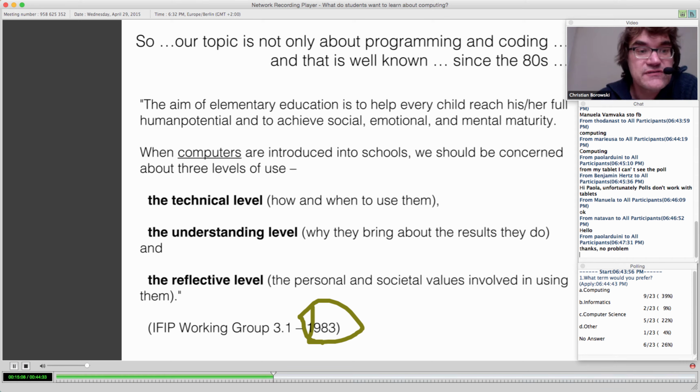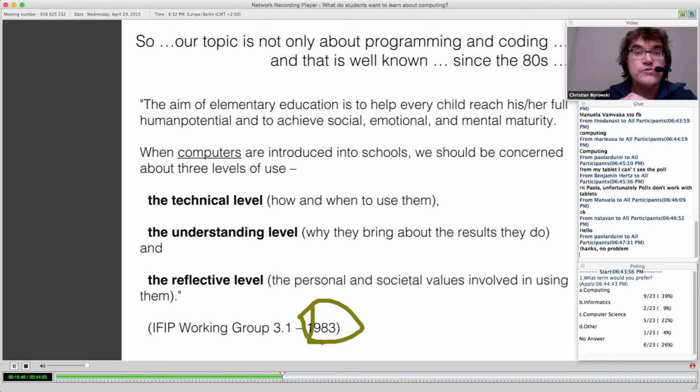It starts with: the aim of elementary education is to help every child reach his or her full human potential and achieve social, emotional, and mental maturity. And I like that. That's the aim of elementary education, the beginning of the definition.